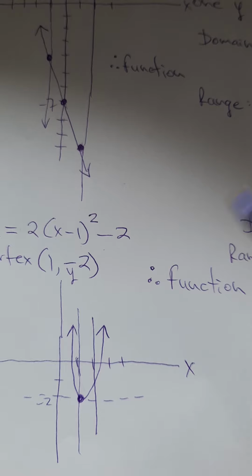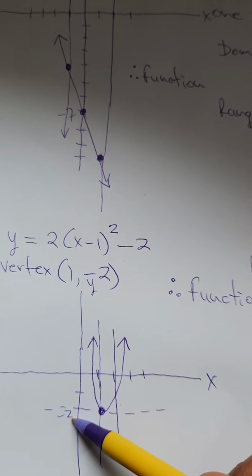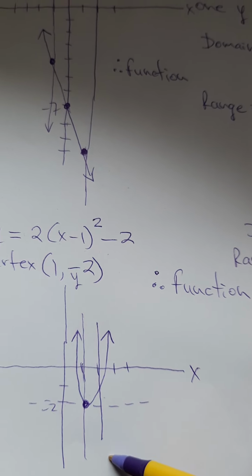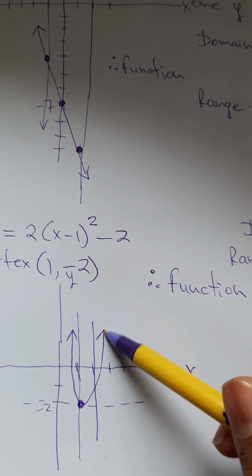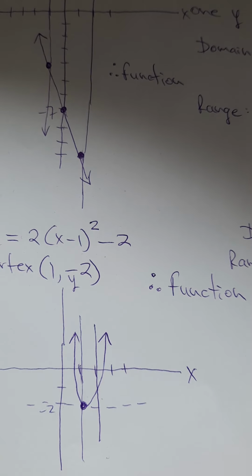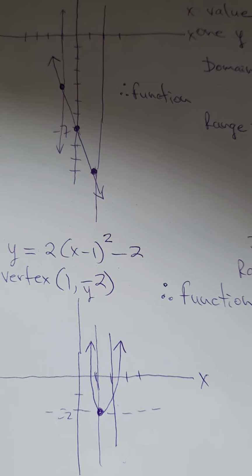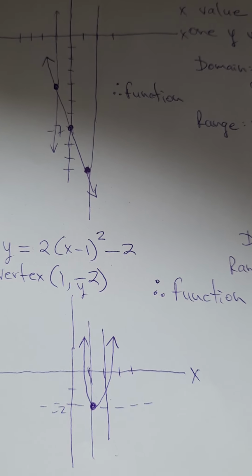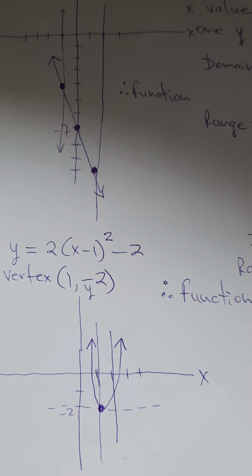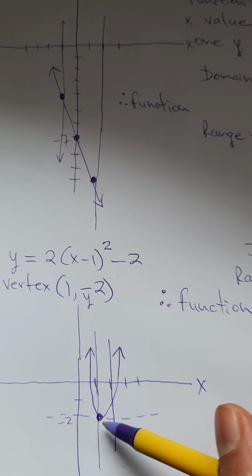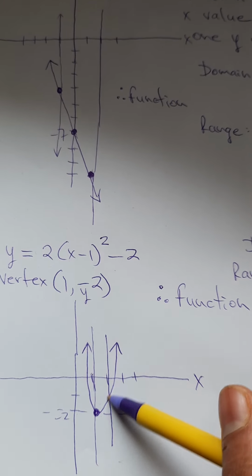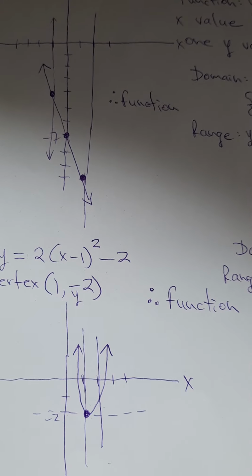I noticed that this parabola is not going below this -2 line. It's only in the positive range here, or it's above the -2 value for the y. So I can notice that there is a restriction for the range, and the y value has to be greater than or equal to -2.